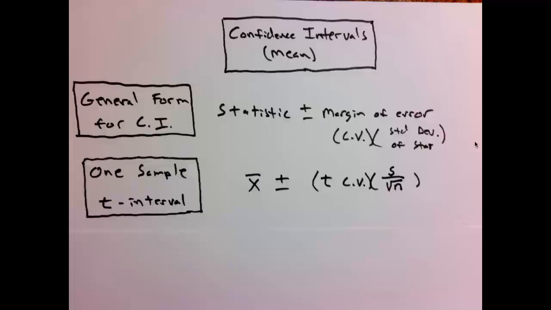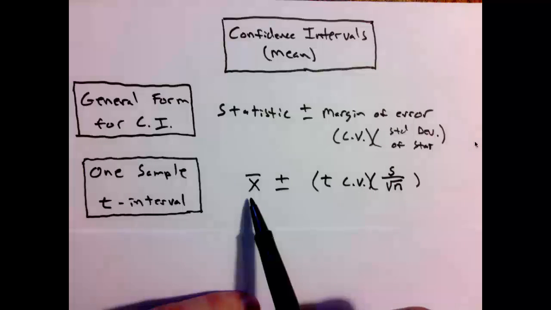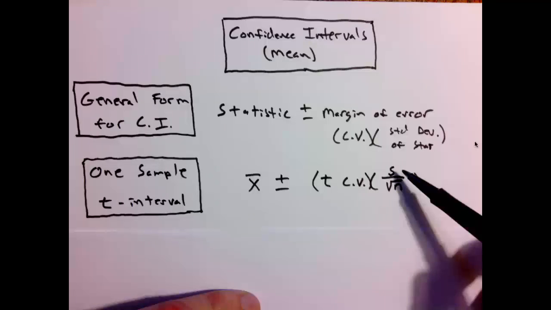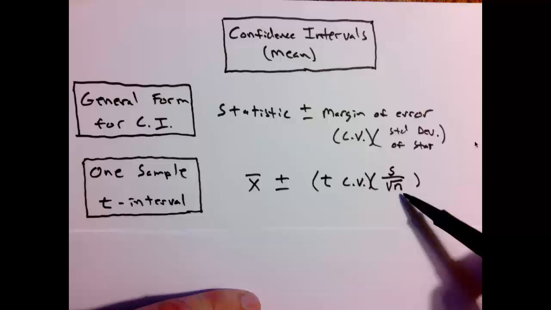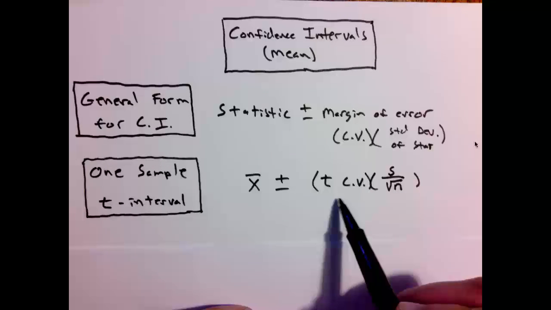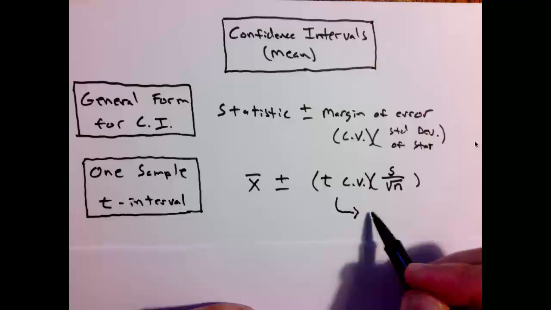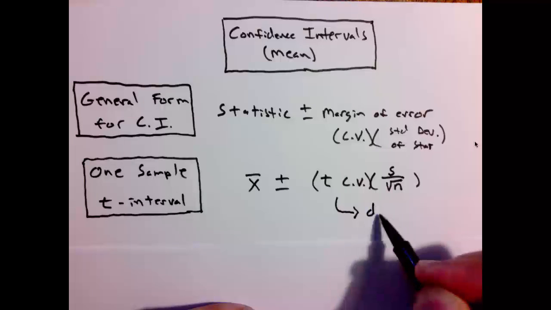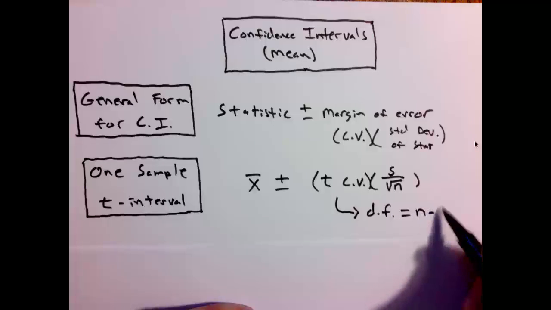So this x bar comes directly from our sample. The standard deviation comes directly from our sample standard deviation. n is simply the sample size. The only thing left here is this t critical value. Two things: number one, it's going to be based on the degrees of freedom, which is simply the sample size minus 1.